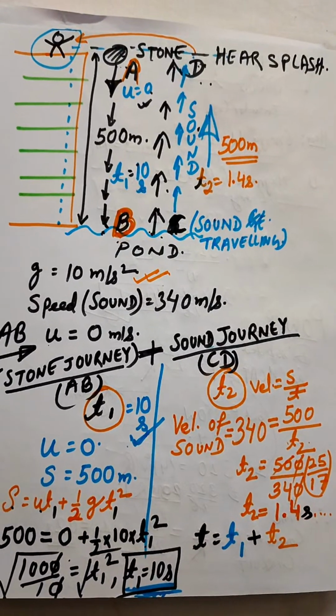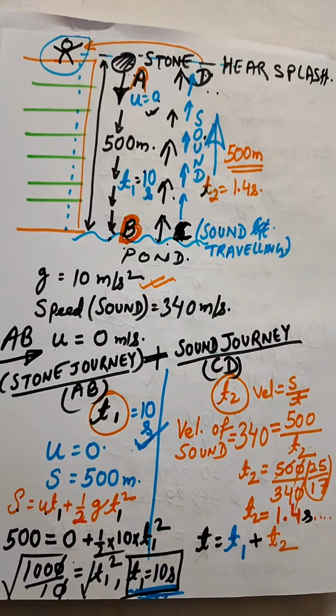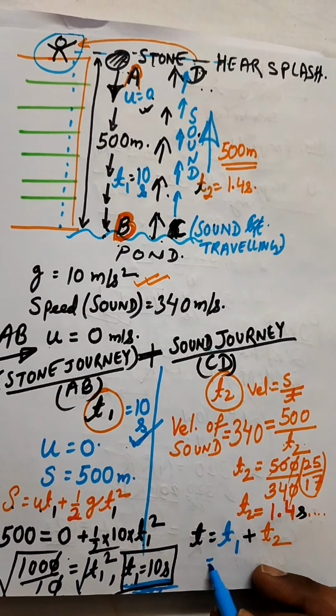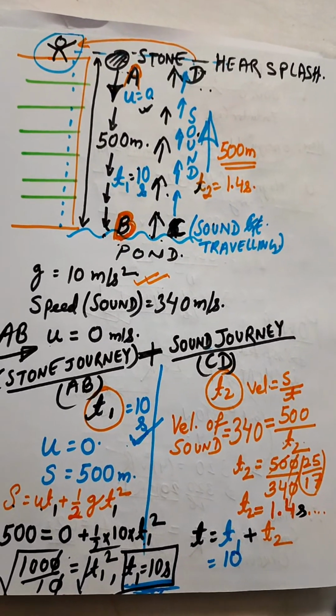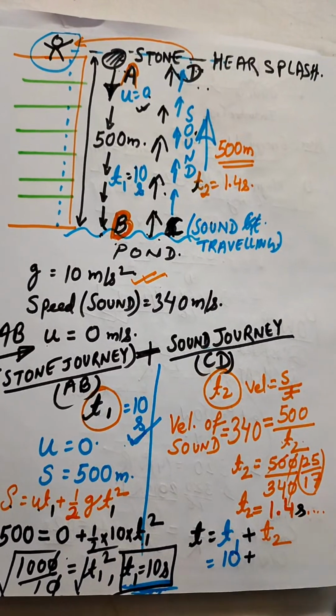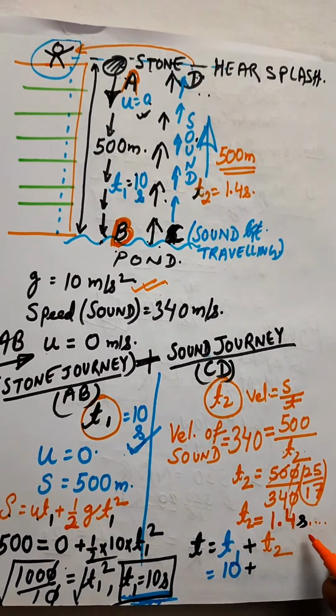And what's the value of t1? t1 is 10 seconds. And what's the value of t2? t2 is 1.4.